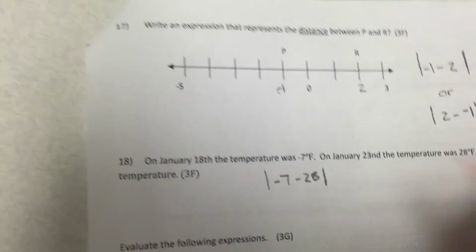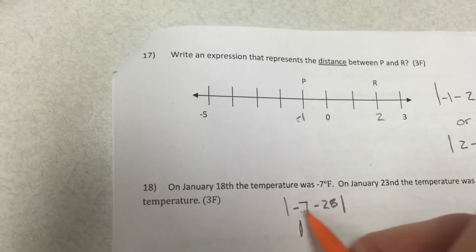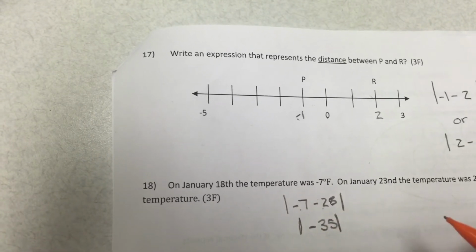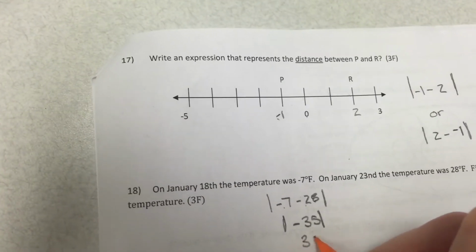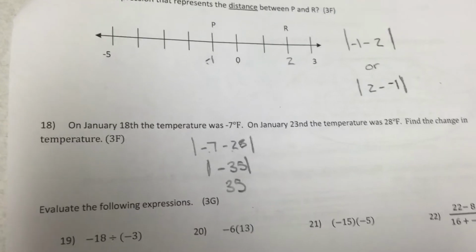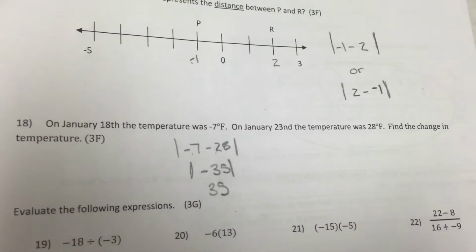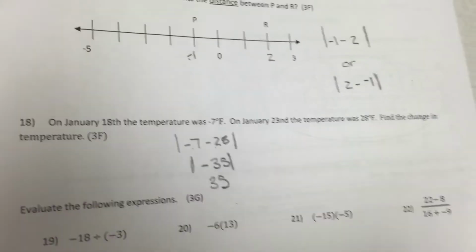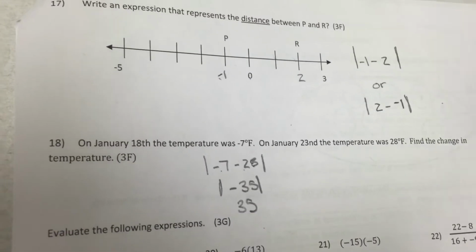Close my absolute value, and I'm looking at what I have. Negative 7 minus 28 is negative 35. The absolute value of negative 35 is 35. So the change in the temperature was 35. In this case, we could explain that a little bit more by saying it was 35 degrees.